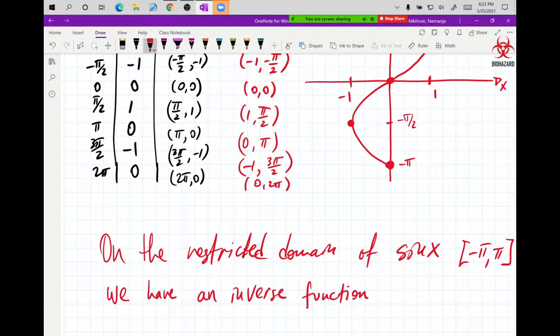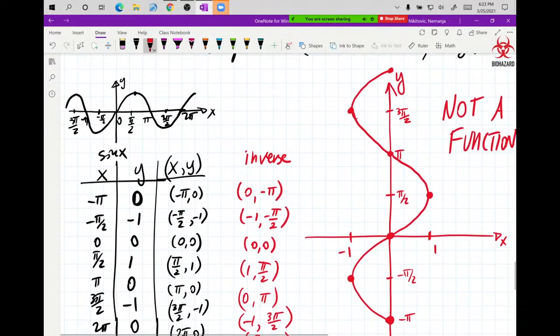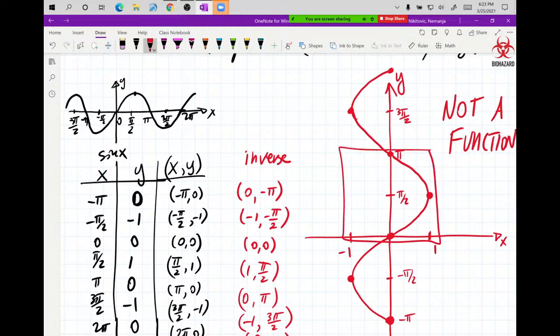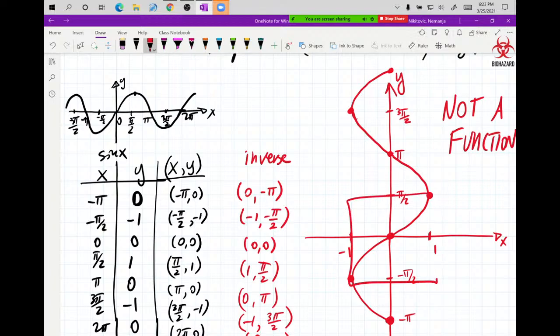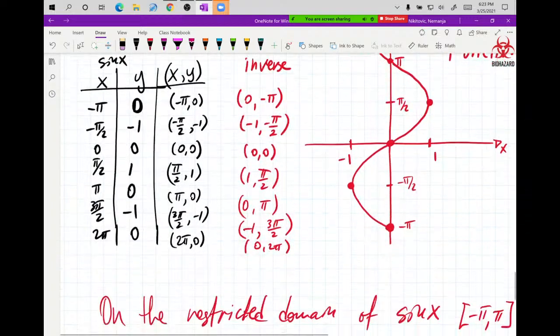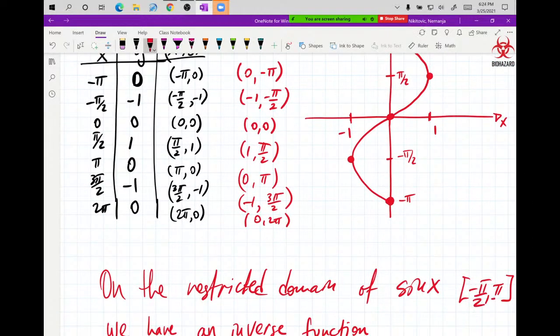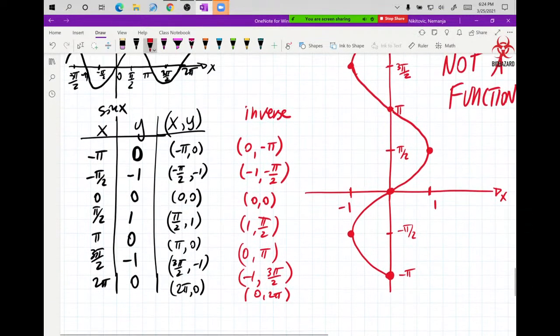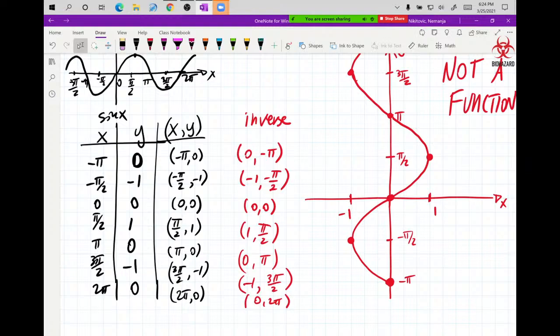If you take this box here, you see it fails. But if you take this box, oh my God, I said pi, no, pi over 2. There we go. Pi over 2. That's the input of pi over 2, that's this much right here.